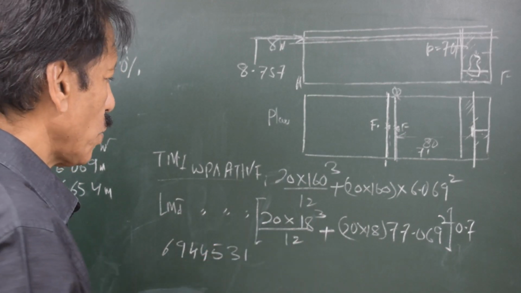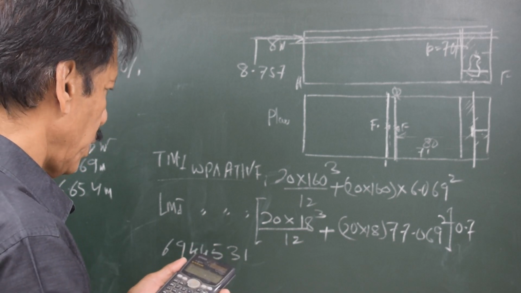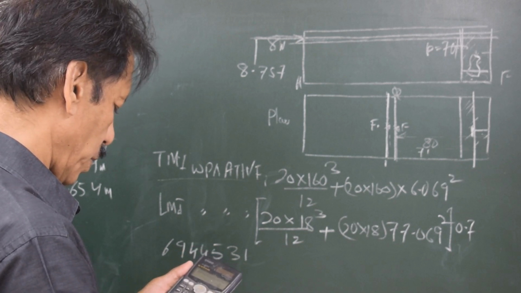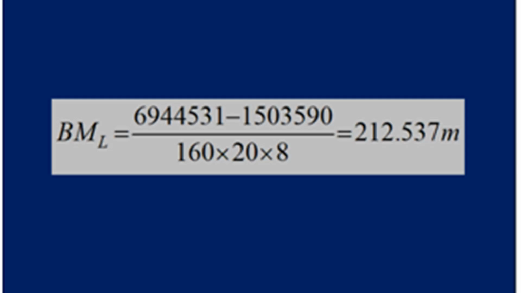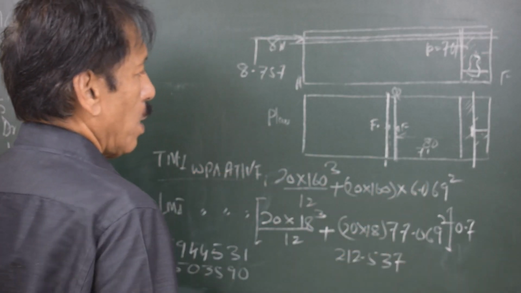And now let's solve this. It is 20 into 18 into 18 into 18 divided by 2. Now this is 1503590, which gives me 212.537.